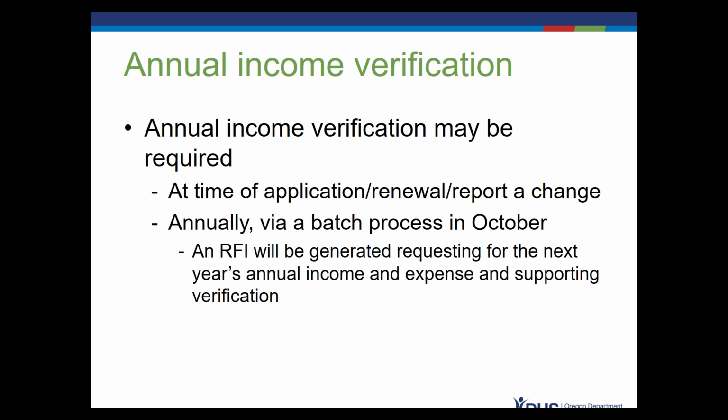When people are found to be potentially eligible via the annual income route, we may need verification. So we may need that at the time of application, during a renewal, or when someone reports a change. We will also, moving forward, have these in a batch process. So every October, we will look through everyone who was annually verified last time around and ask them if they expect the same situation in 2019.